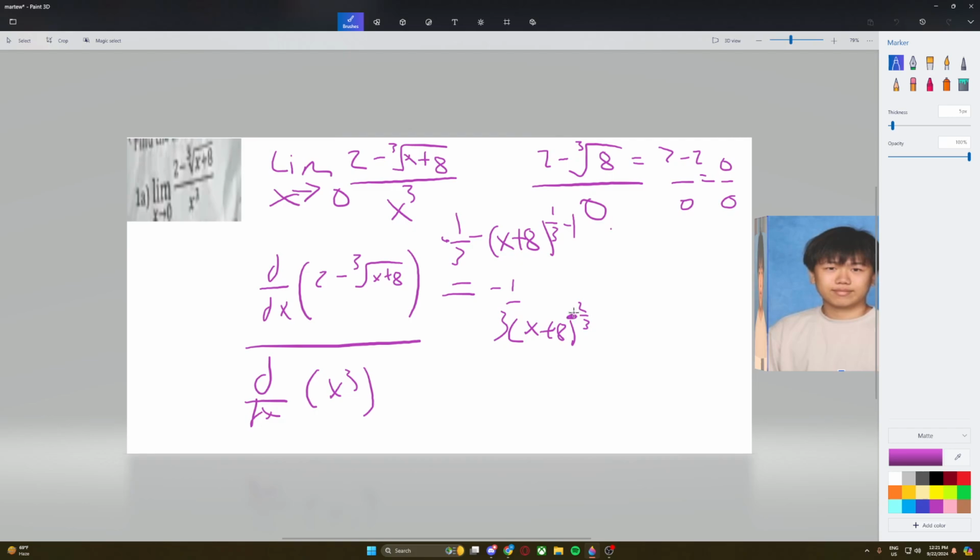But we don't worry about that negative because it's already on the bottom. And since this is a function in a function, you have to times it by the inside function. X plus 8 derivative equals 1, so times 1. It's just the same thing. And then this is over d over dx of x cubed.